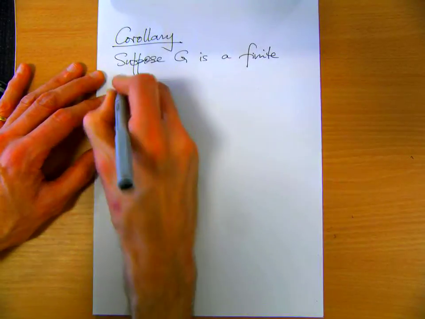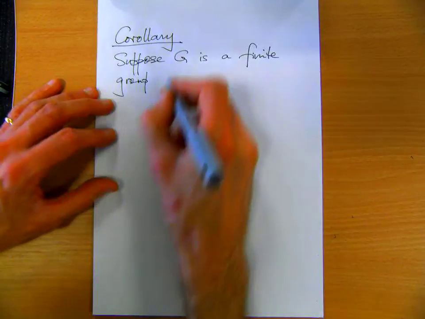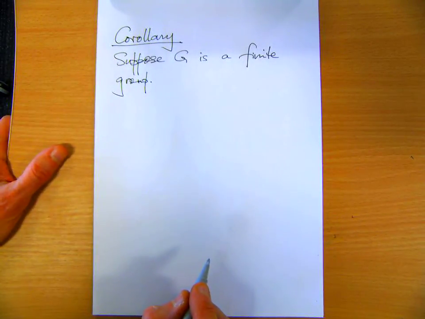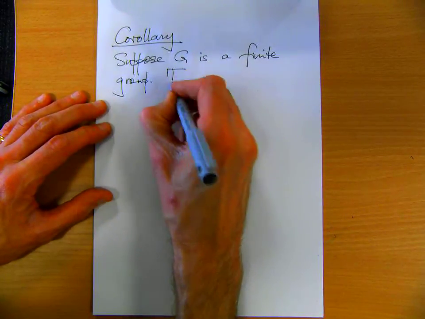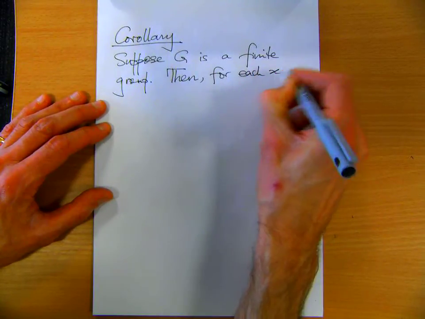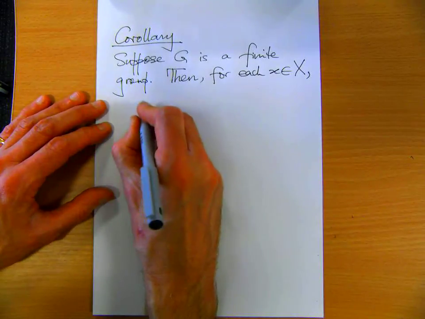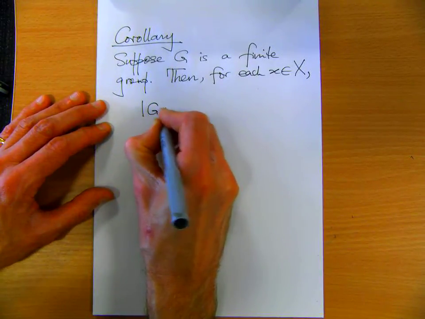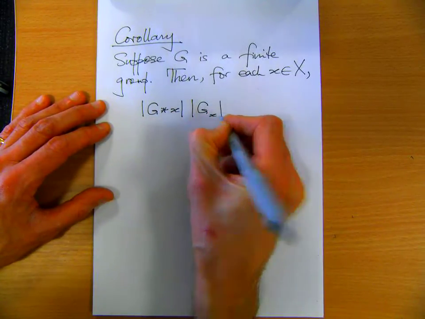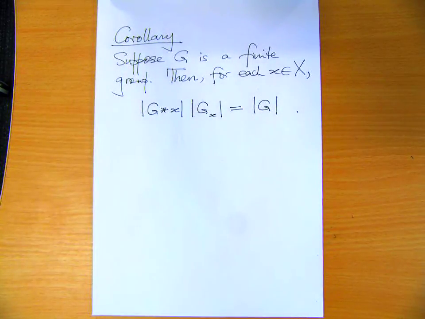So what I've just done applies to any group whatsoever, but suppose G is a finite group with the other hypotheses being the same, then for each x in big X, we have the size of the orbit times the size of the isotropy subgroup is equal to the order of the group.